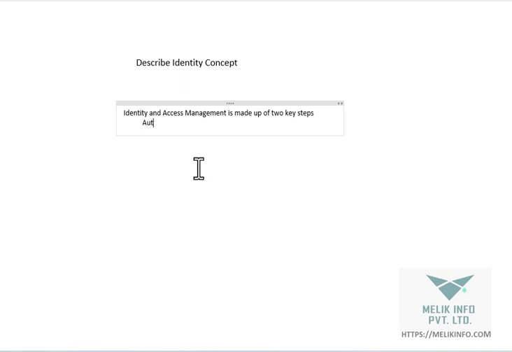One is authentication and another one is authorization. So identity and access management is made up of these two key steps.